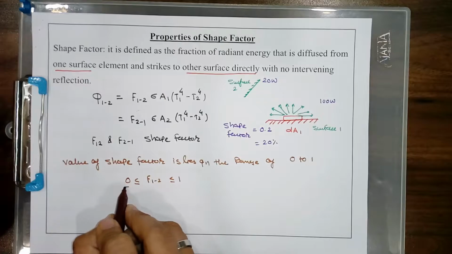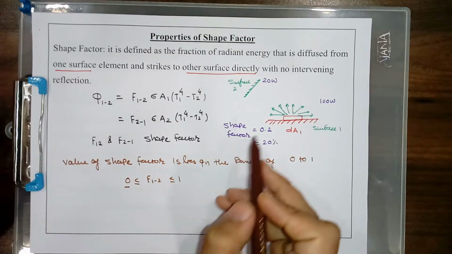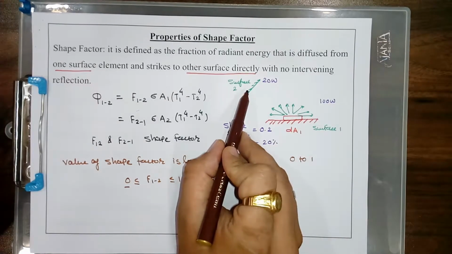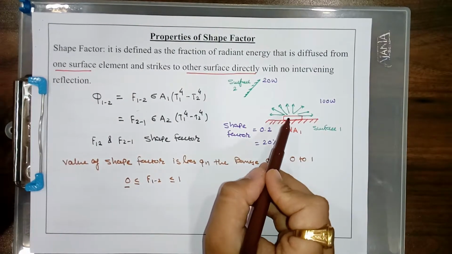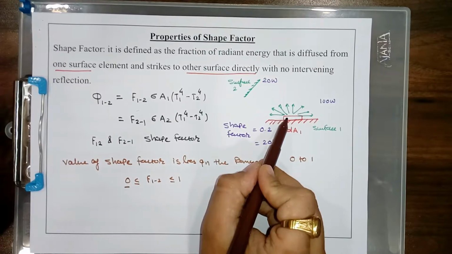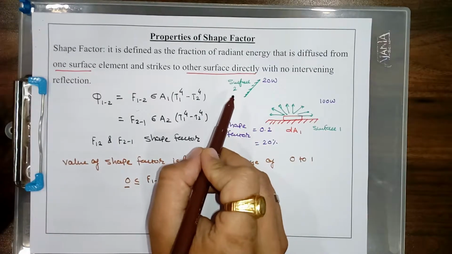Here 0 means none of the energy leaving surface 1 strikes surface 2, and 1 means 100% of the energy leaving surface 1 strikes surface 2.